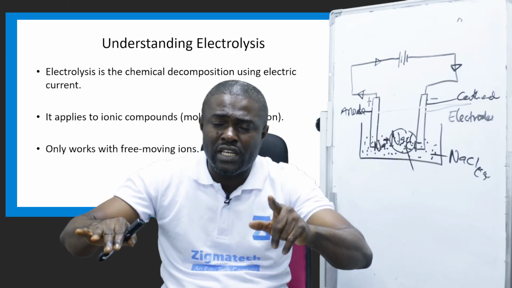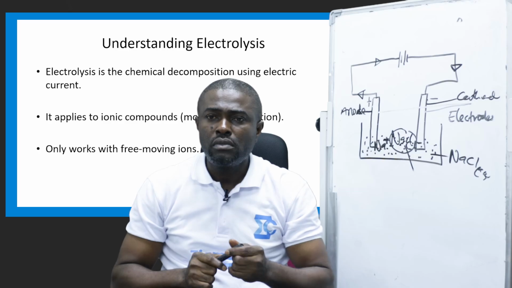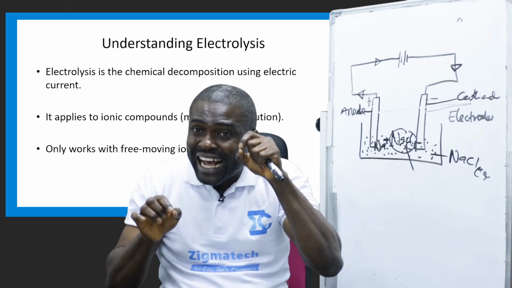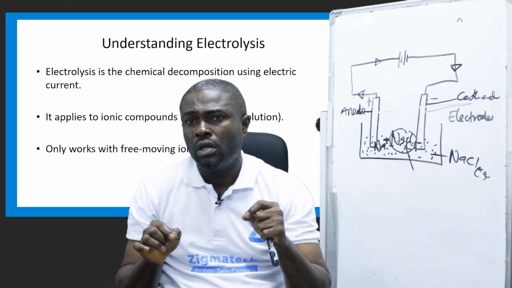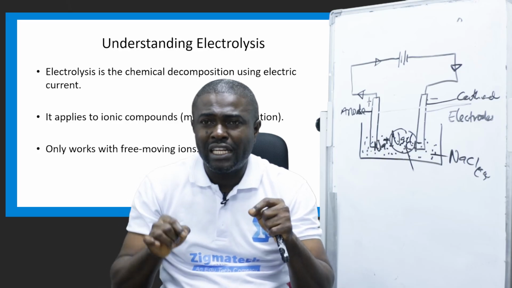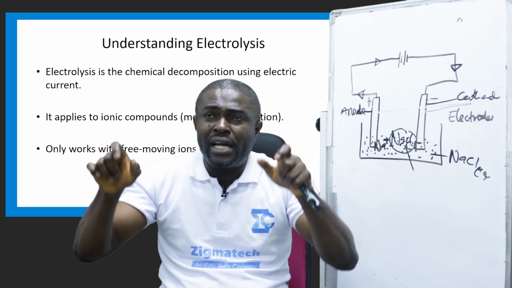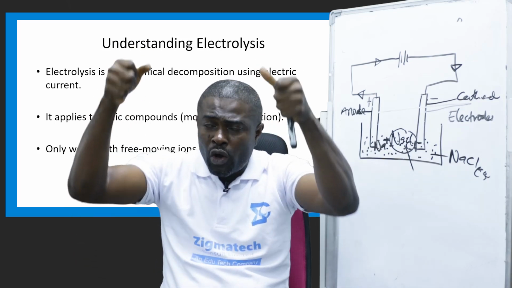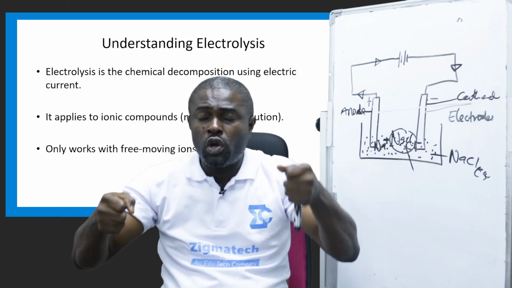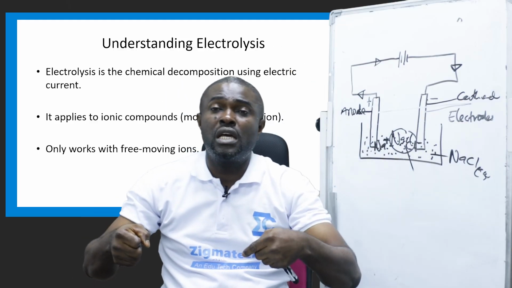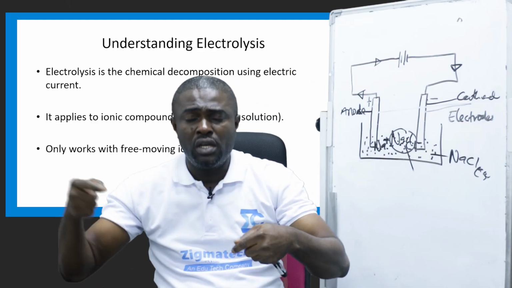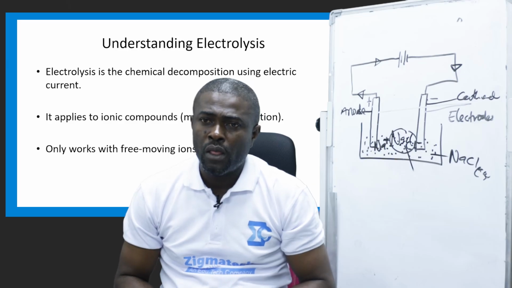That has to do with positive charge and negative charge. But when you mention cathode ending in ode and anode ending in ode, you are talking about a conducting wire or rod through which current enters the electrolytic cell and the other one through which current leaves the electrolytic cell.